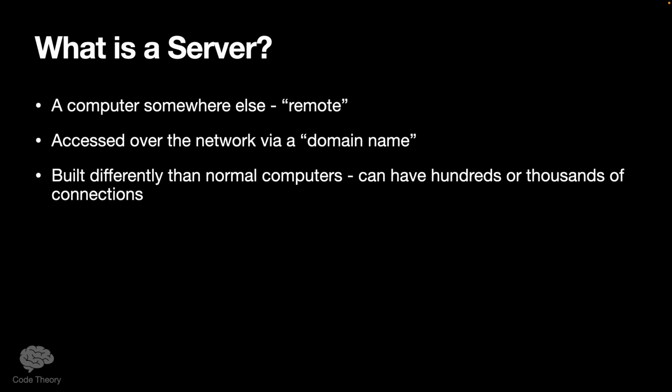So you get 20 whole cores, right? Server CPUs laugh in the face of that. Server CPUs have hundreds of cores, right? Which allows them to do many, many things very concurrently, right? And actually do it concurrently rather than kind of faking it like we tend to do with our local machines.